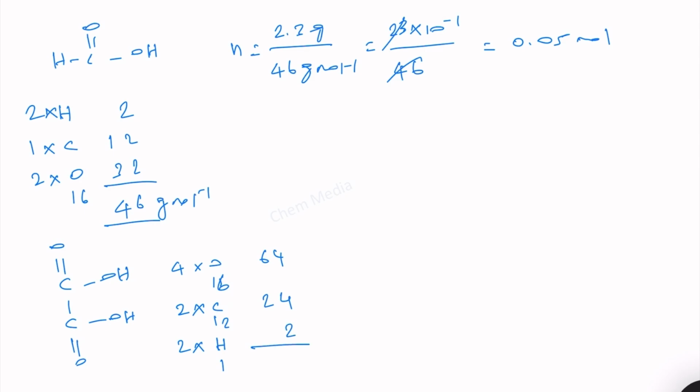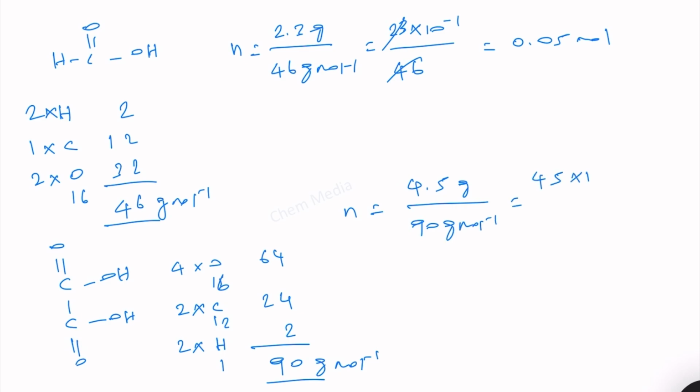So, what we have here is 90 gram per mole, and therefore, in terms of number of moles here the weight given is 4.5 gram divided by 90 gram per mole. Let us write this as 45 times 10 to the power minus 1 gram divided by 90 gram per mole. So, in that case this is once again 0.05 moles.